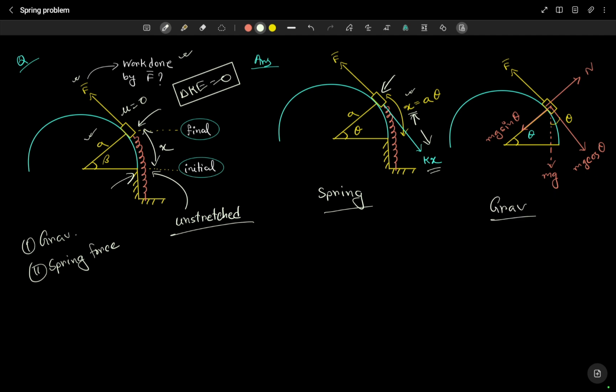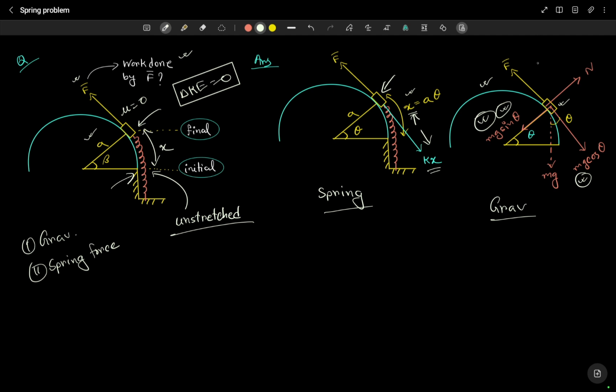We will be decomposing the mg force, or the gravitational force, into two perpendicular components, which are mg cos theta and mg sin theta. And as you can see, the normal force from this surface to this box will be equal to N, and it will be cancelling the sine component of gravitational force.